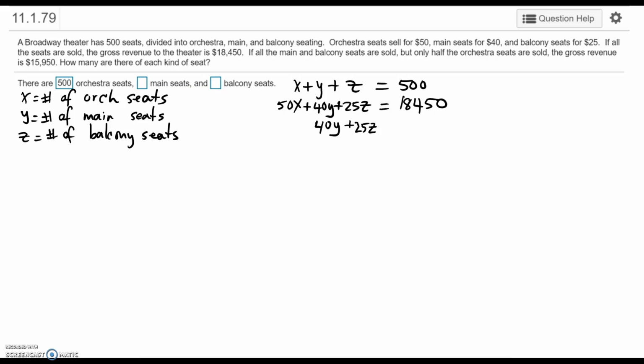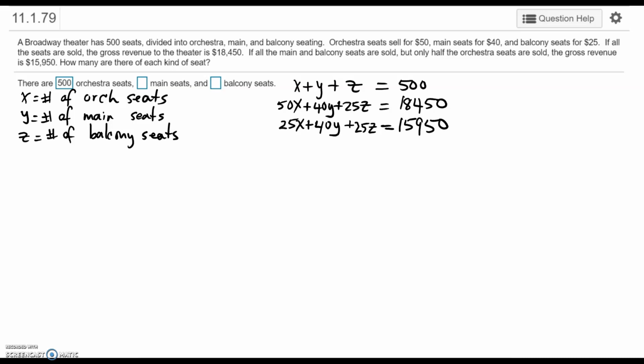Well, that means I need to take the revenue that I get for orchestra seats and divide it by 2, or multiply it times 1/2. So $50 for each orchestra seat, so $50 times X. If I take half of that, it's going to give me 25X. That revenue, adding all of these together, should be $15,950.